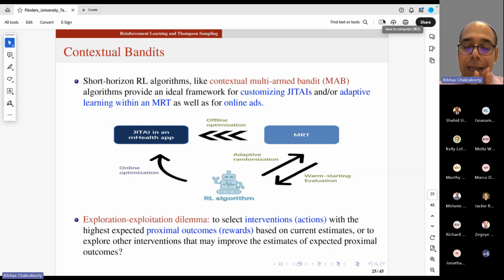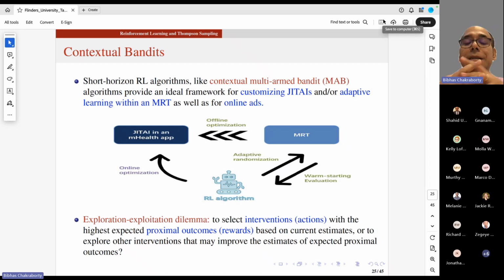Before choosing an action, the algorithm has to decide whether to select the intervention with the highest expected reward based on the current estimates, or to explore further. Because the rewards are stochastic, it doesn't really know for sure that this is the best. It may want to explore a bit more to see if there might be hidden treasures somewhere else, right?